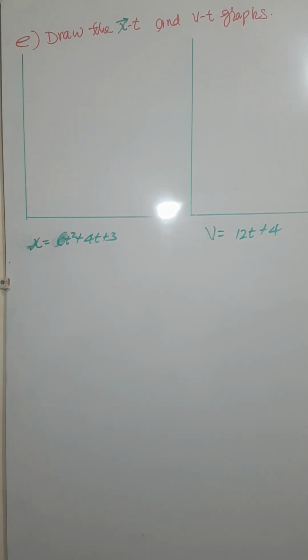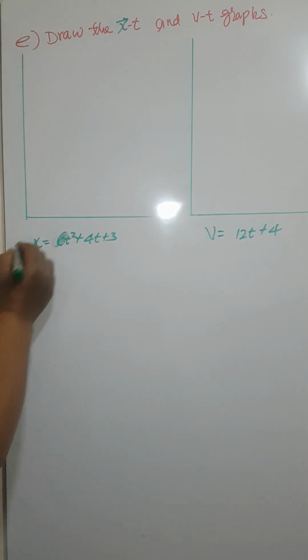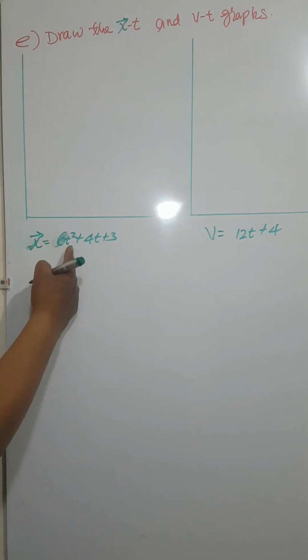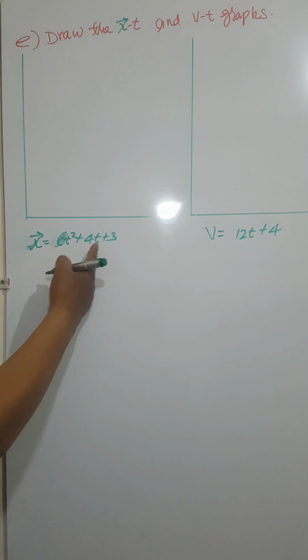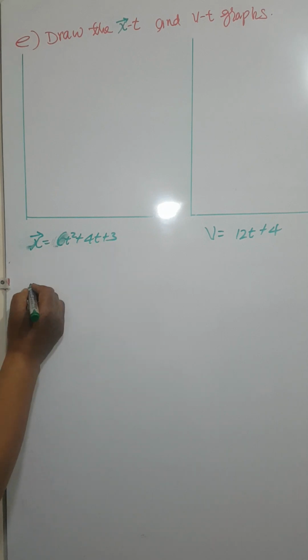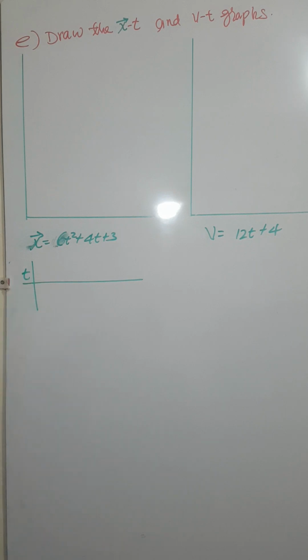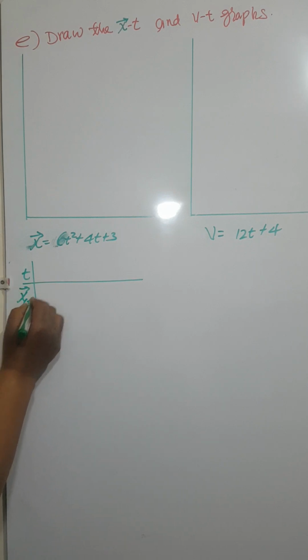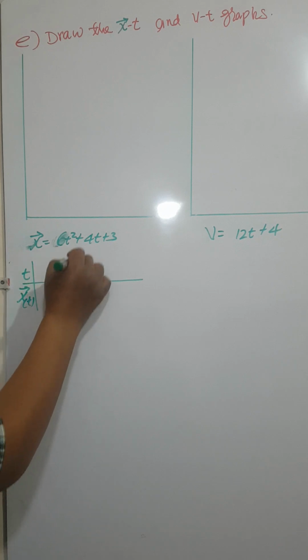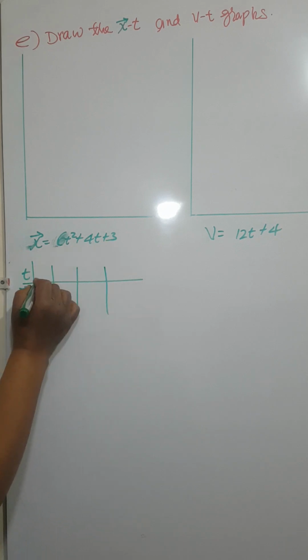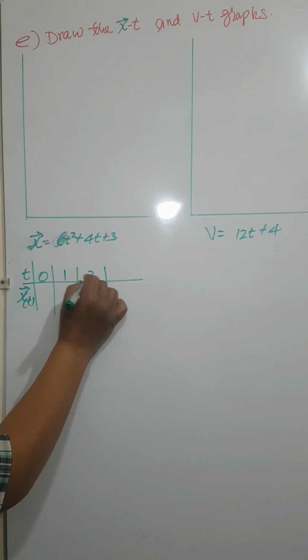Our equation for the displacement is 6t squared plus 4t plus 3. Then we tabulate this, with t in seconds and x with respect to t. So we can have 1, 2, 3.